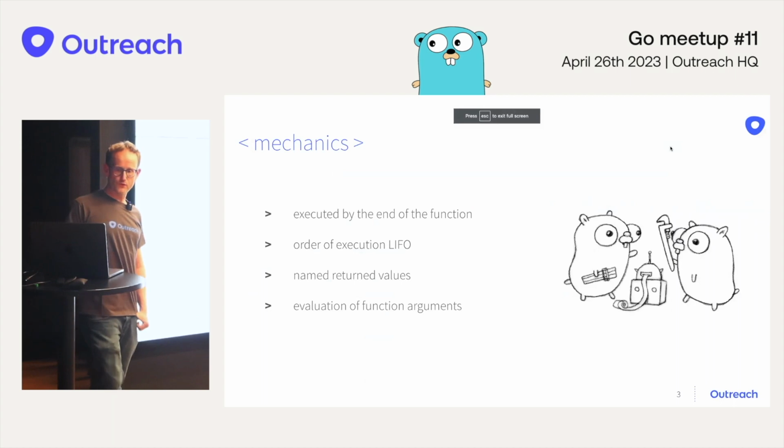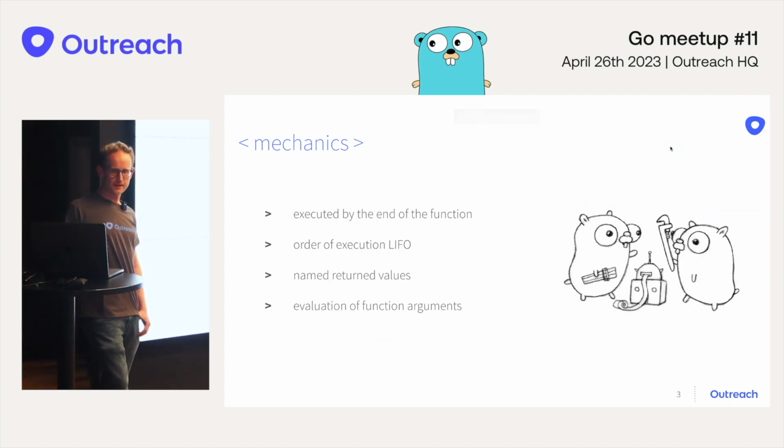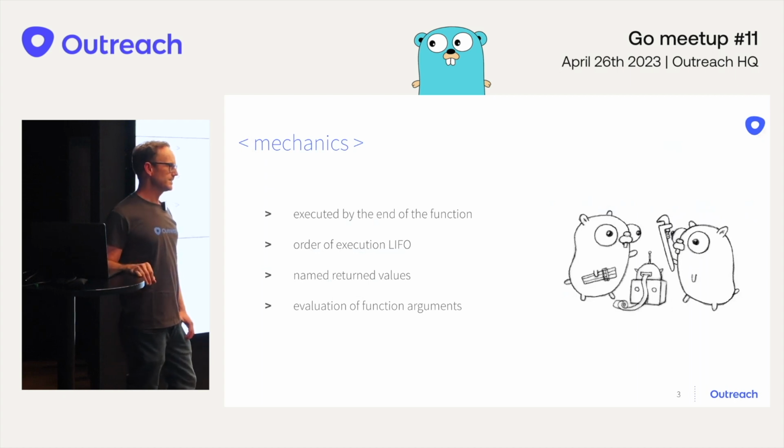Another mechanic of the defer statement is its usage with named return values. This is something in the Go language, that you can have unnamed or named return values. And actually with named return values, you can affect through the defer what the return values will be.